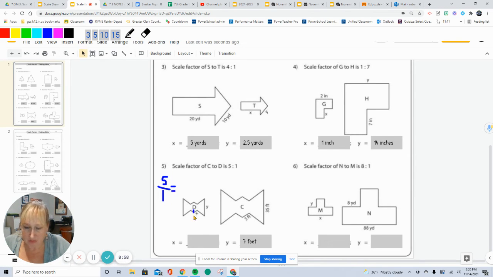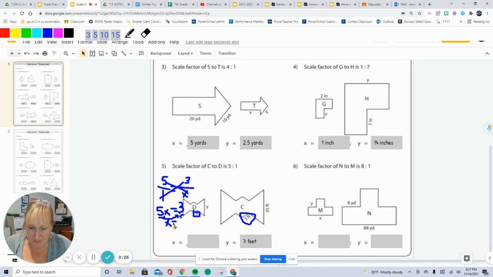Scale factor is still 5 over 1 equals, and now I'm solving for x. So the x goes on the bottom because it's the littler of the two shapes. It goes with the 3. Oh, this will be interesting. So I'm doing cross multiplication. 5x equals 1 times 3, which is 3. So x is then going to equal, I've got to move the 5 over with division. It's 3/5.